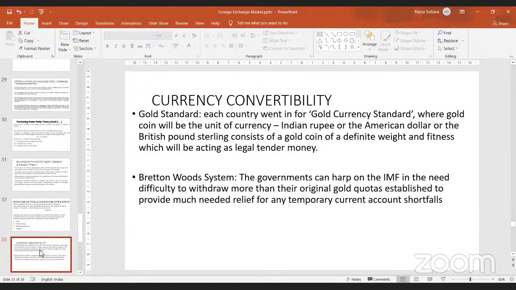See, in IMF, what happens is, when member nations are there, they do lending and borrowing. So each country will be given a quota that you can borrow only to this extent. When they are given a quota, they will borrow against the quota. And in case they want more money against the quota, then they will go for a current account.